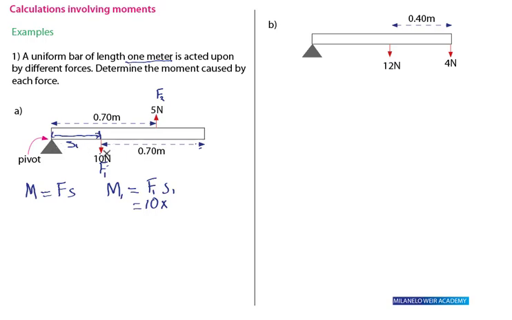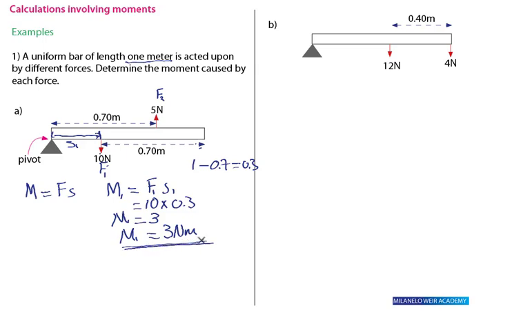That's 0.3, because 1 minus 0.7 is equal to 0.3. So let's multiply, we get 3. So M1 is equal to 3 Newton meter.